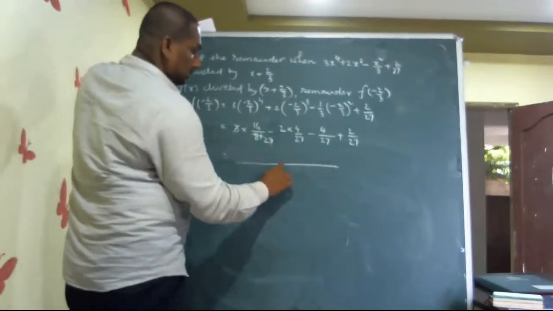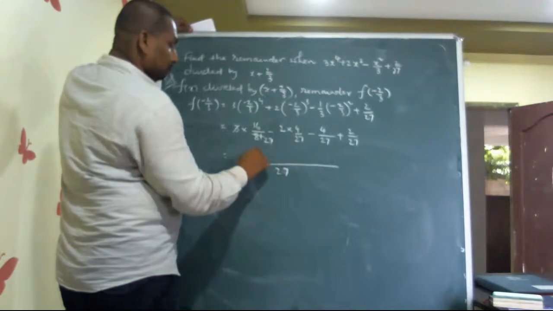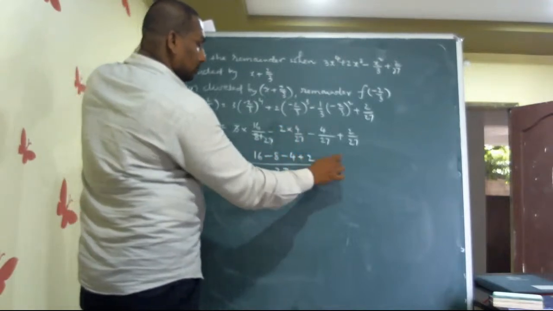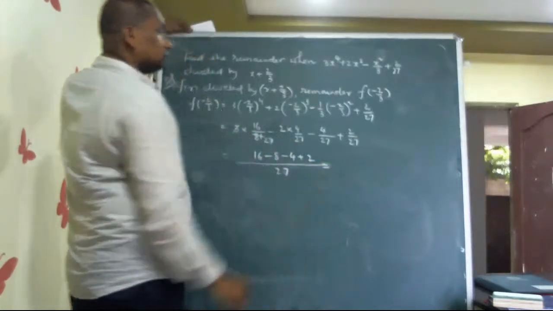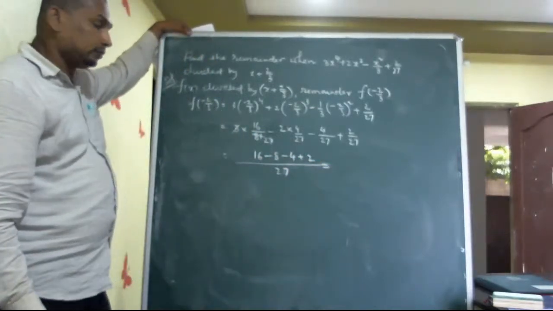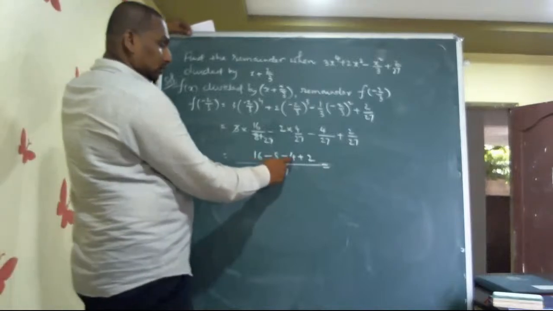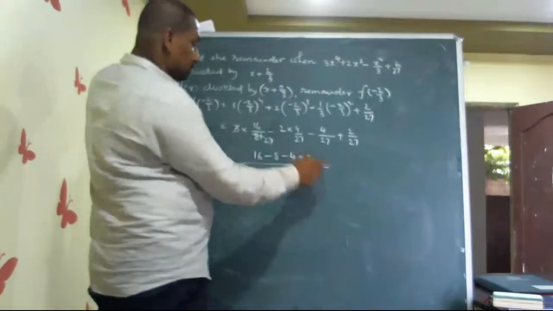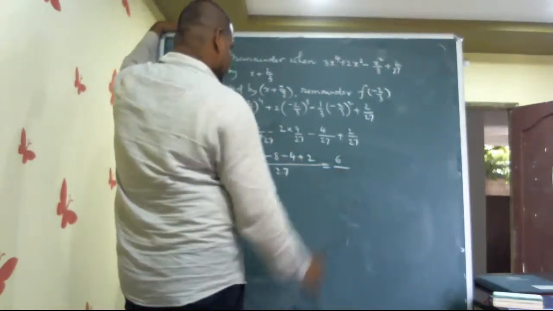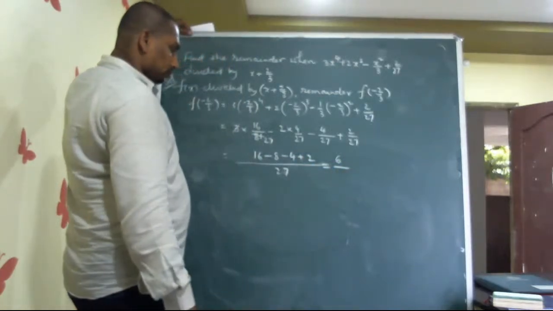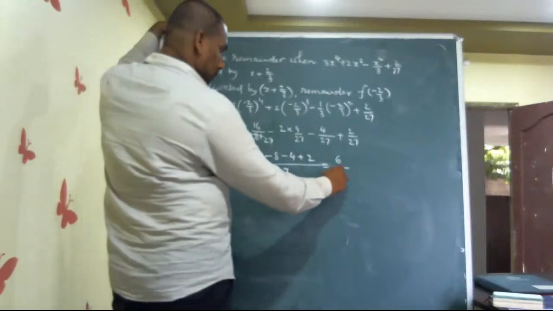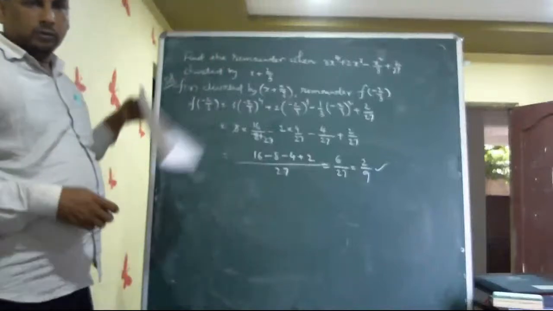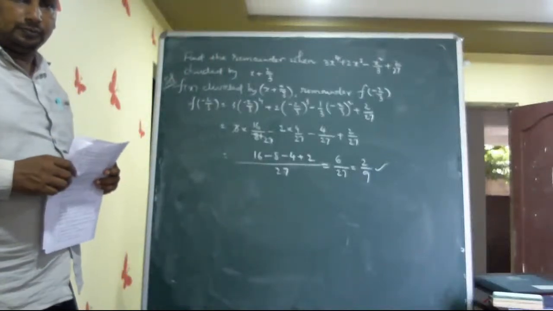In each fraction the denominator is 27: 16 minus 8 minus 4 plus 2. What is the remainder now? 16 minus 12, 4 plus 2, 6 by 27. 3 twos, 3 twos, so 2/9. So that's the remainder.